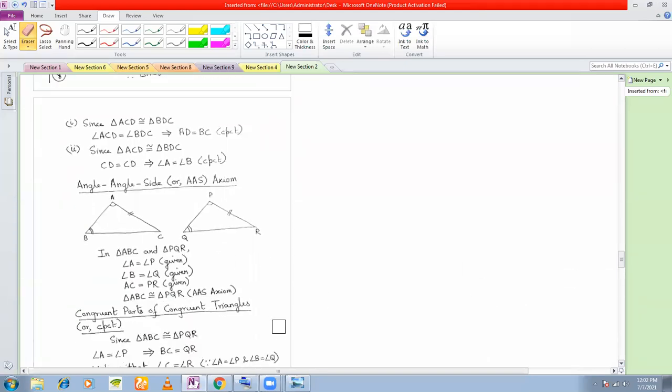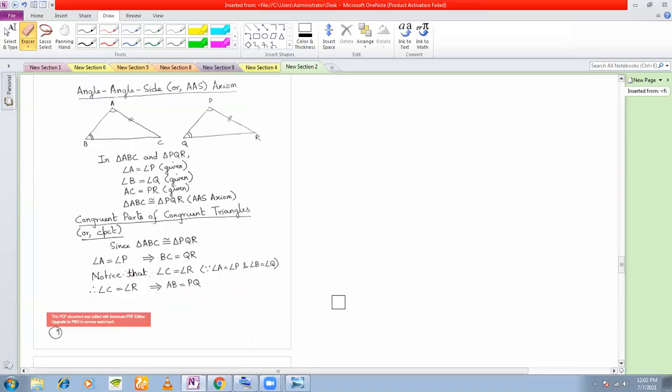In fact, the next axiom is called the angle side axiom, or AAS axiom. Now in angle side axiom, you need to be a little careful.